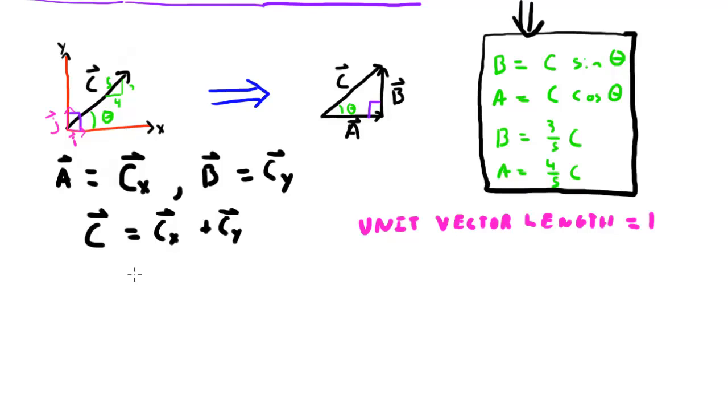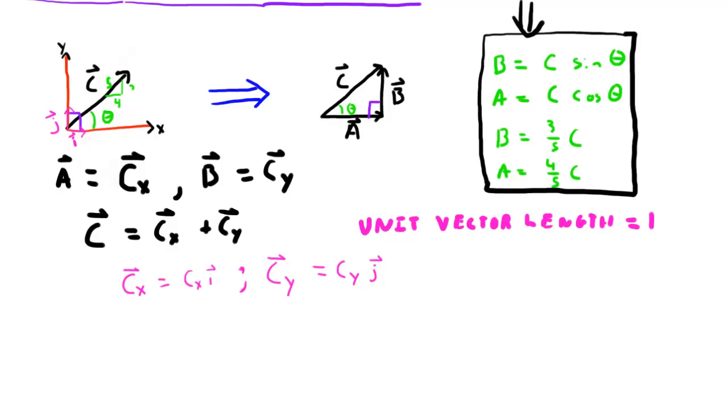So now we can say that the vector Cx is equal to the magnitude of Cx times the vector i, and the vector Cy is equal to the magnitude of the vector Cy times the unit vector j.